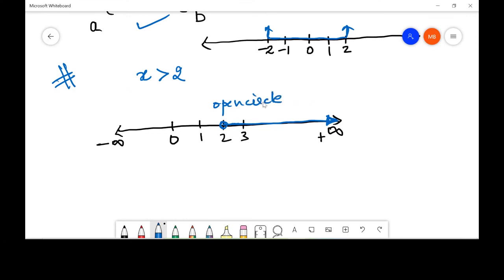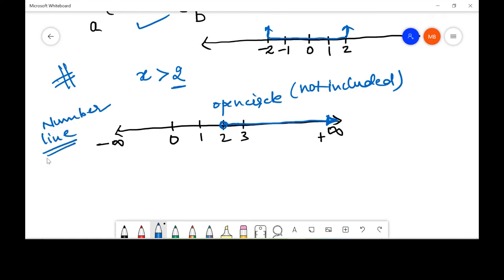Why are we making an open circle? Because when we say x greater than 2, 2 is not included. So since 2 is not included, all real numbers greater than 2 will be a part of this interval. This is the number line representation of this interval. How will we represent this in the notation form?